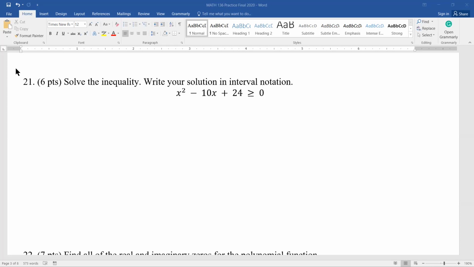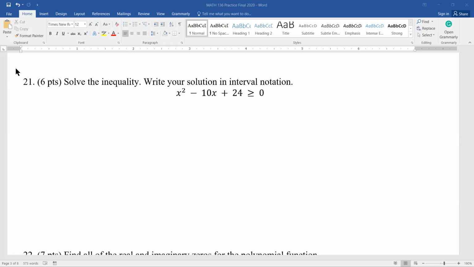Remember that for this kind of problem, we're going to check intervals. So the intervals we're going to check are the interval to the left of 4, the interval between 4 and 6, and then the interval from 6 on. So we're just going to have to check numbers that fall within those three categories.